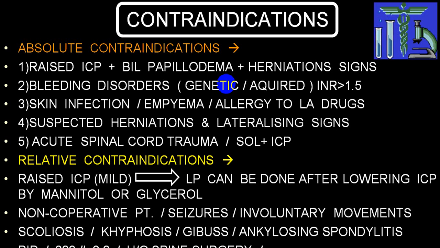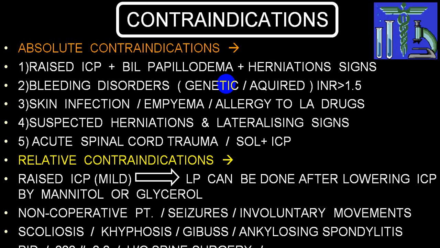Also, you have to be very cautious if a person is non-cooperative, having seizures, having involuntary movement, or having severe spinal deformity like scoliosis, kyphosis, gibbus, or ankylosing spondylitis, etc. And if any person is suspected to have a prolapsed intervertebral disc or fracture spine, or has undergone recent spine surgery, be very cautious.